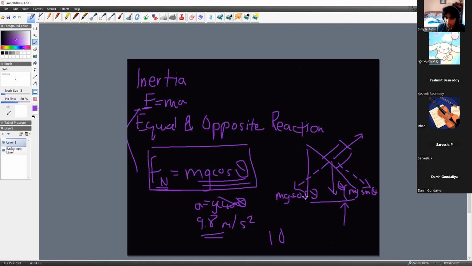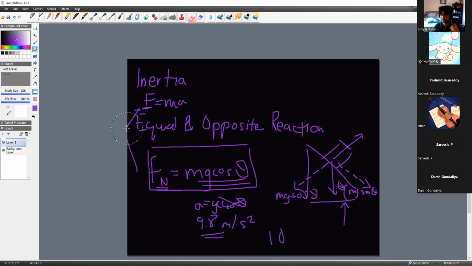We get mg cosine theta and mg sine theta by breaking up our mg into different components. If you do understand trig, this is how we would do it, and we can get into that later on in the course. But for now, I want to stick to the basics because a lot of you don't know trig. This is where mg cosine theta is coming from. So is that clear for you?